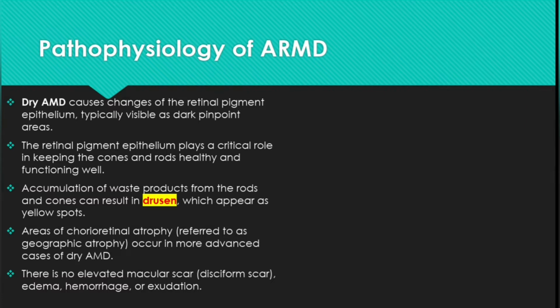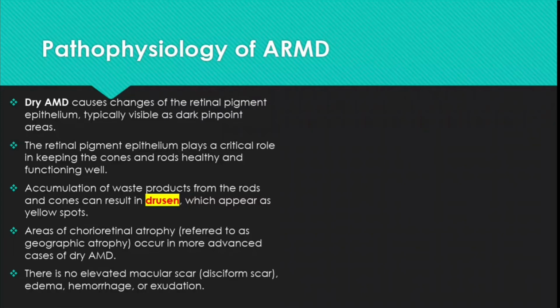Areas of chorioretinal atrophy, also known as geographic atrophy, occur in more advanced cases of dry AMD. In dry AMD, there is no elevated macular scar called disciform scar. It's not there. Edema, hemorrhage, or exudation are also absent.